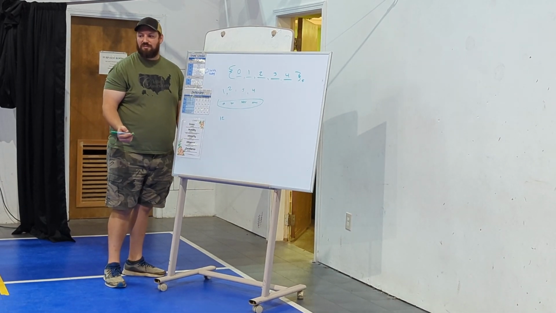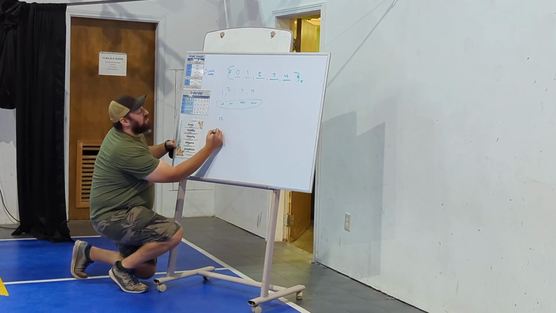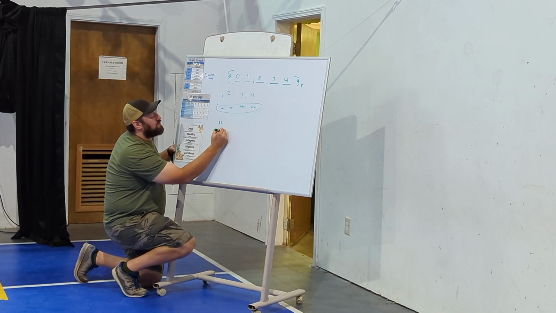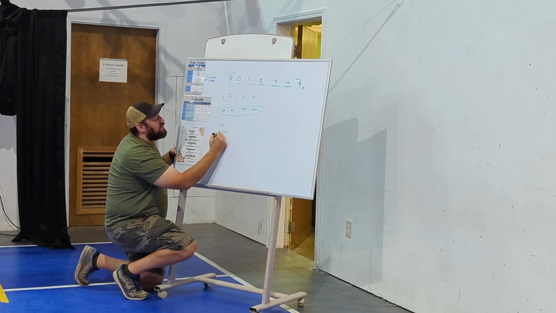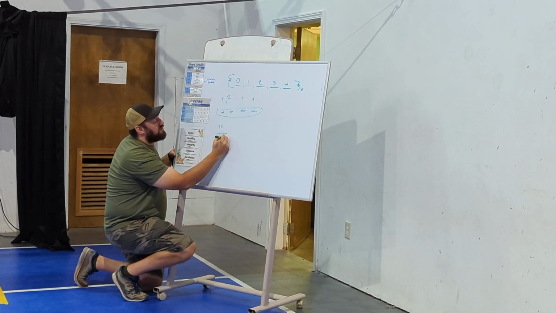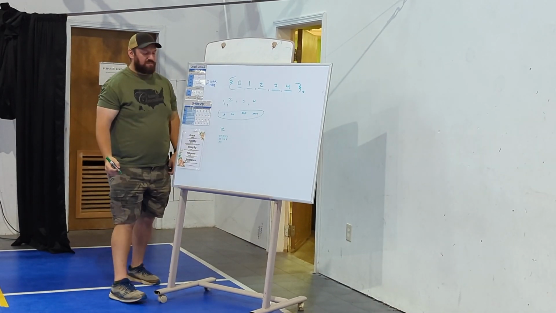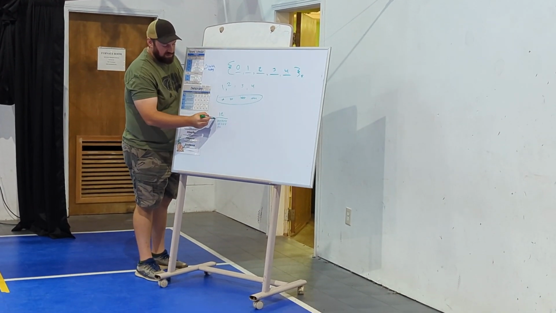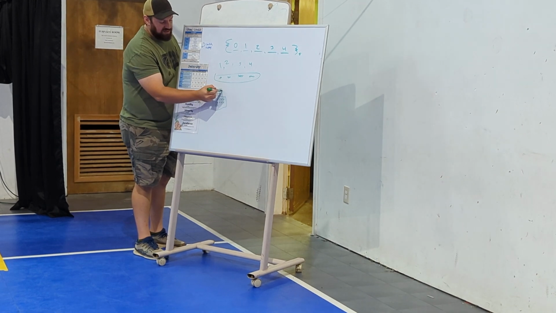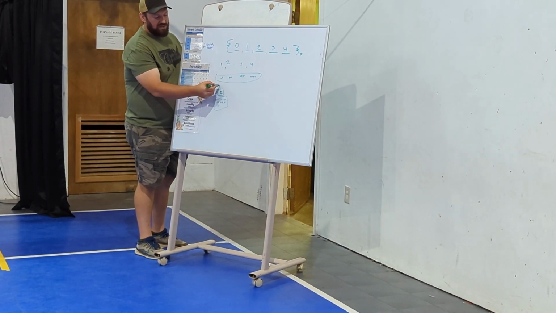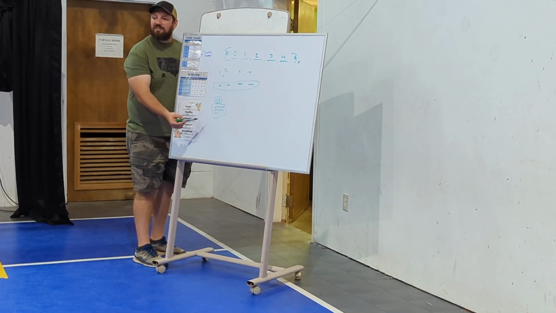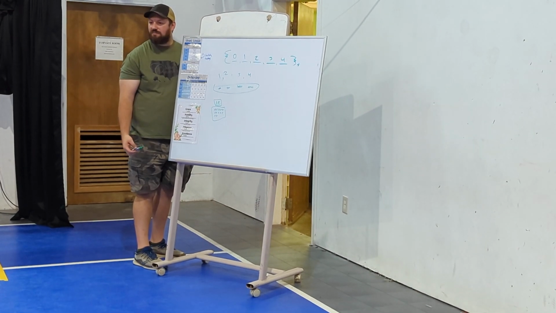What should I do? Well, I need to go 1, 2, 3, 4, 5, 6, 7, 8, 9, 10, 11, 12. Right? This is the same thing as saying this. But this is in base 10, and this is in X's.